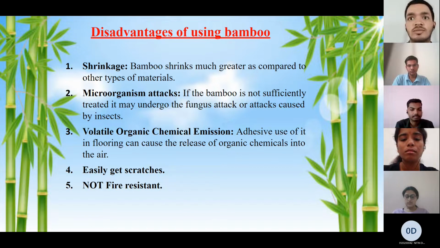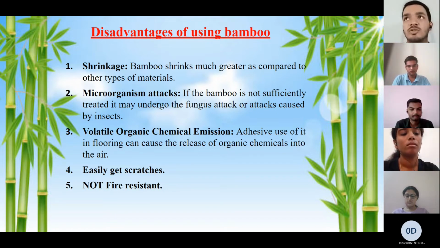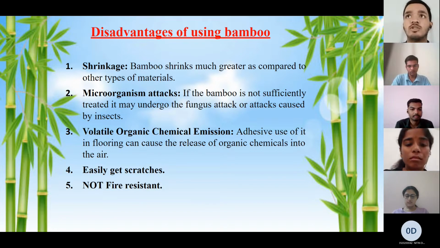Most companies treat bamboo with some chemicals, due to which the life cycle and strength of the bamboo decrease. Next, it easily gets scratched, as it is a natural product. A single person can split the bamboo into two parts. The last one is non-fire resistance. The bamboo is hollow in nature and contains some air, so when it is covered by fire, it can also explode.